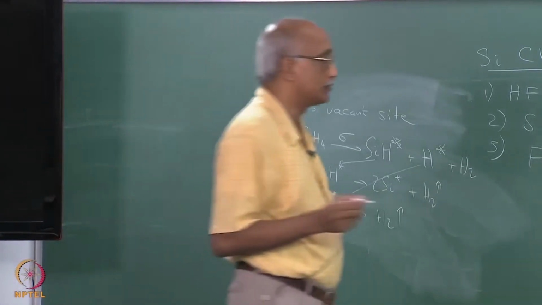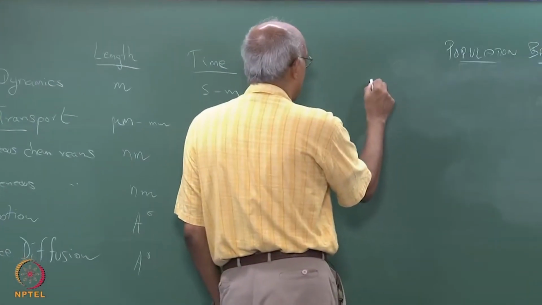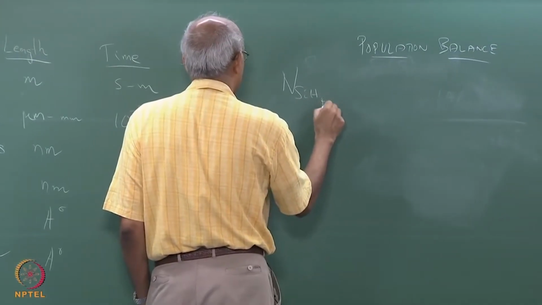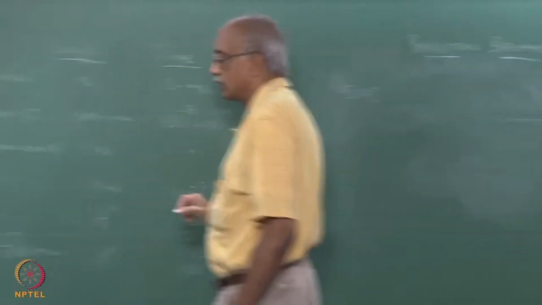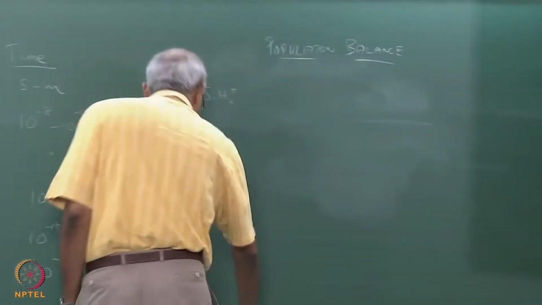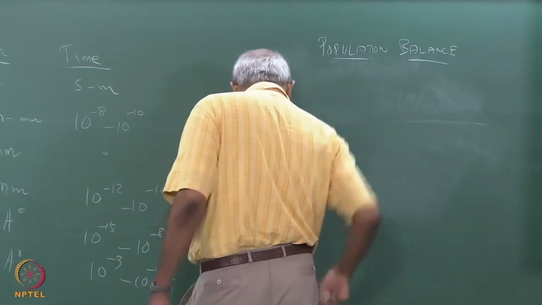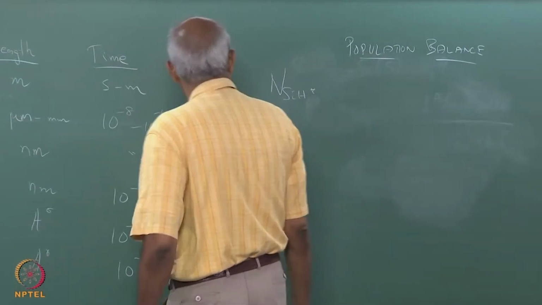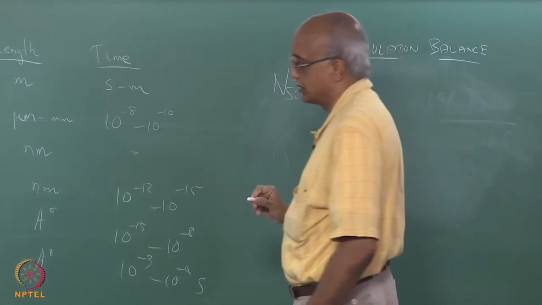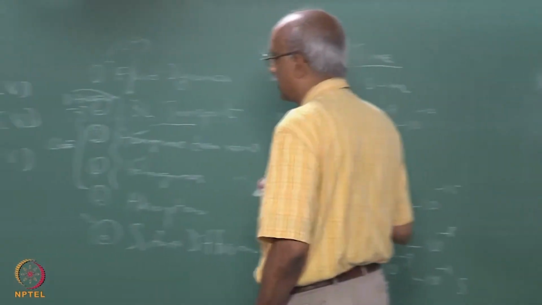So, if you want to look at the rate of SiH4 star, adsorbed, SiH star, then you have to clearly look at the rate at which these molecules are adsorbing.